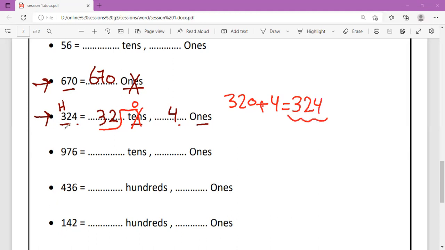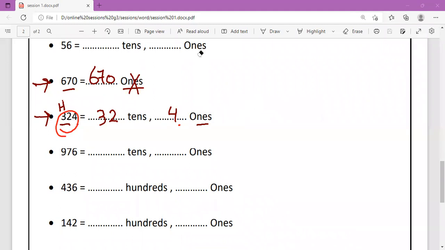This number is the same as this. That's right. So the whole answer is right. So 32 tens. Make sure that you put hundreds beside tens, not far from it, okay?